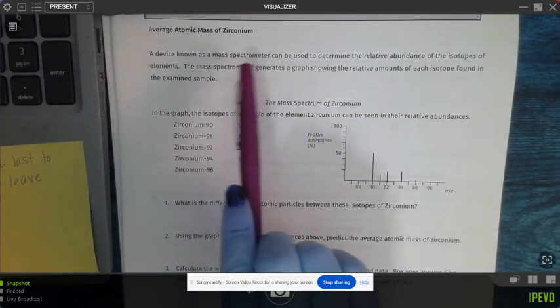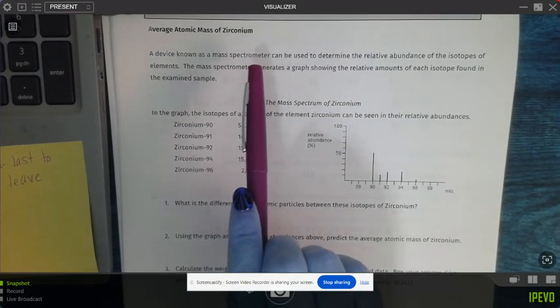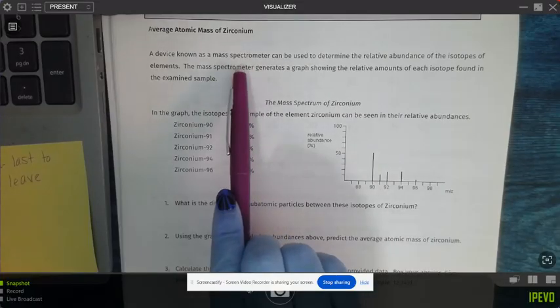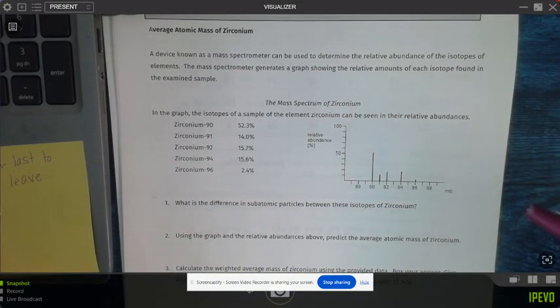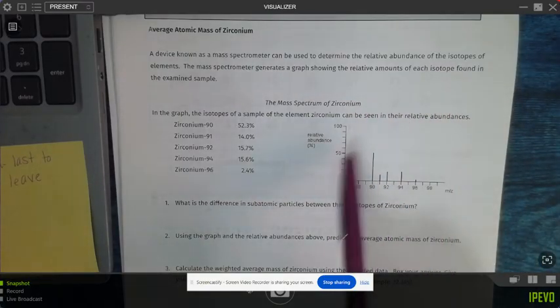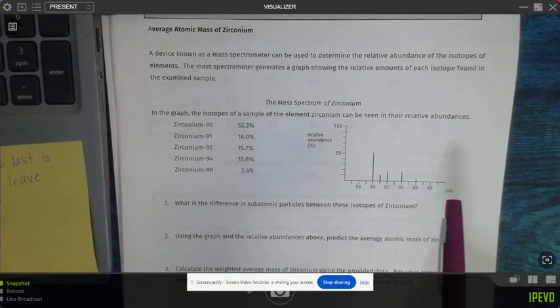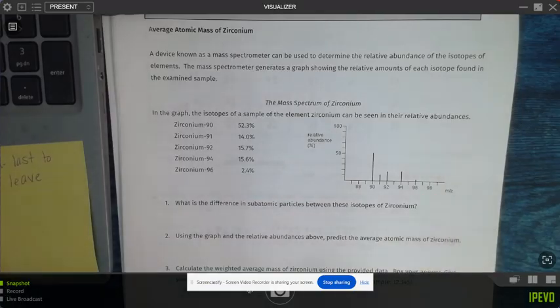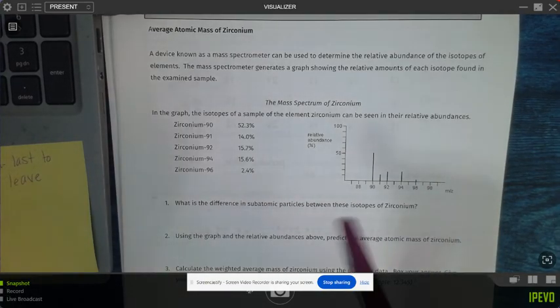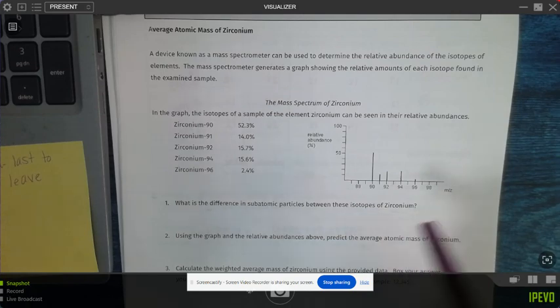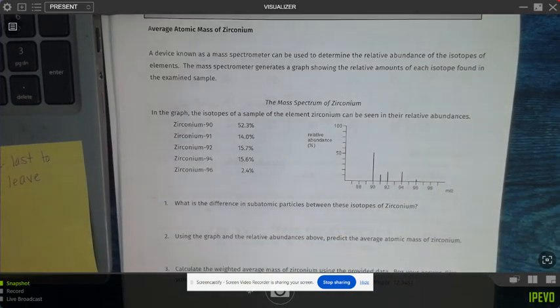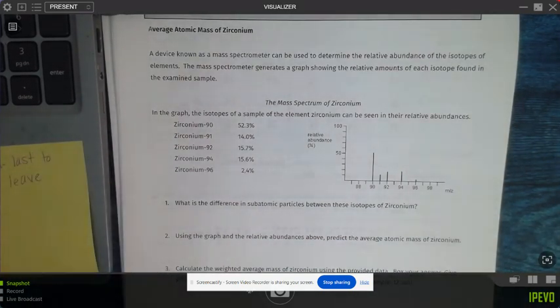We can use an instrument called a spectrometer. What the spectrometer does is it analyzes a sample, and you get a graph that shows you the different isotopes and their relative abundance. We can calculate from this if we wanted to, but we can also do something else.